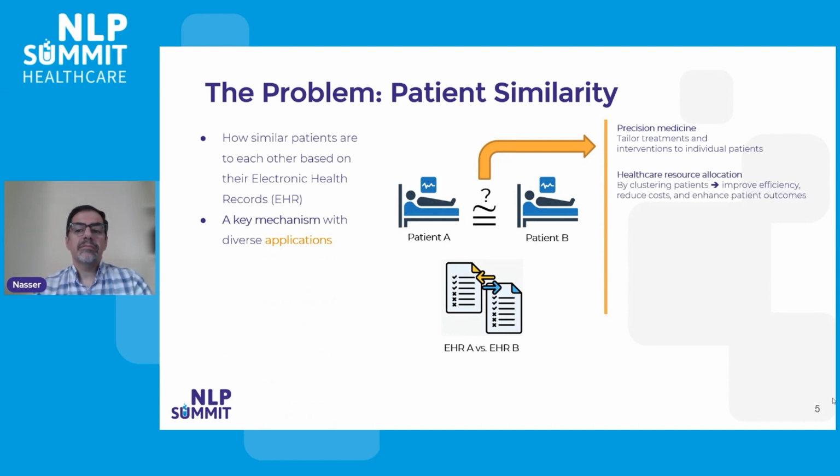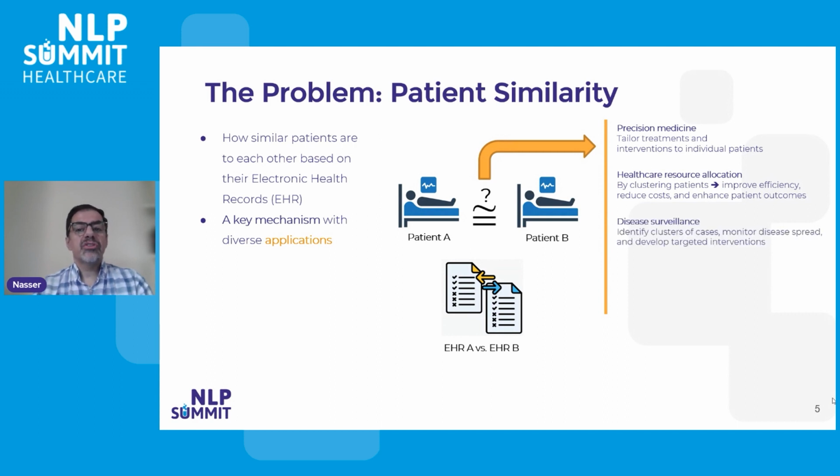Also for healthcare management and resource allocation by clustering patients. Every clustering algorithm requires a patient similarity, and the more enriched the similarity measurement, the better the outcome of the clustering, which could be used in this case to improve efficiency, to reduce costs, and enhance patient outcomes.